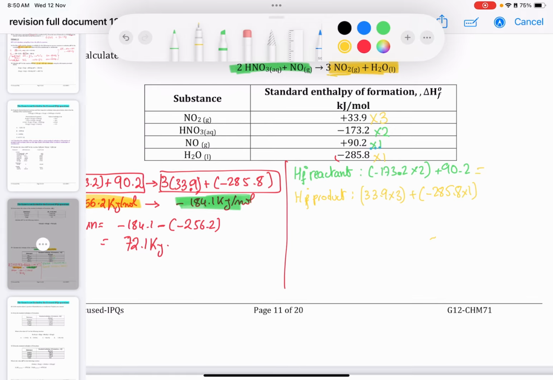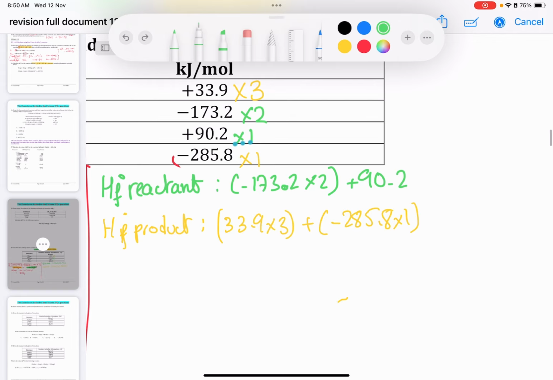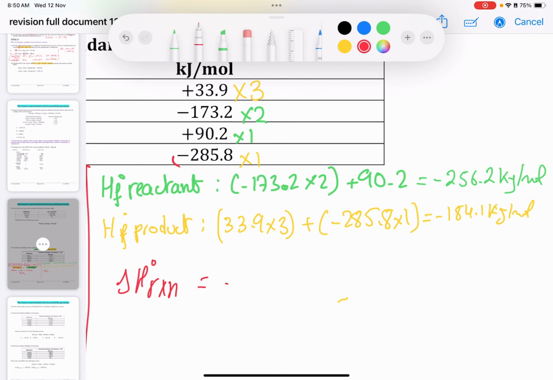So for the reactants, the value is going to be negative 256.2 kilojoules per mole. And for the product, it is going to be negative 184.1 kilojoule per mole. Now, the final answer, the delta H enthalpy of the reaction, is products minus reactants.